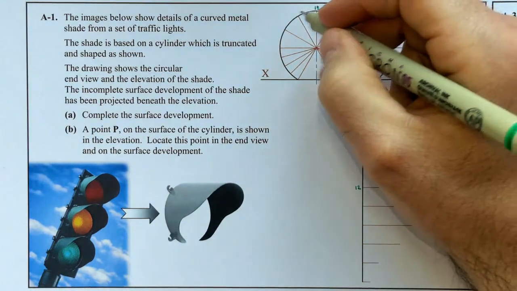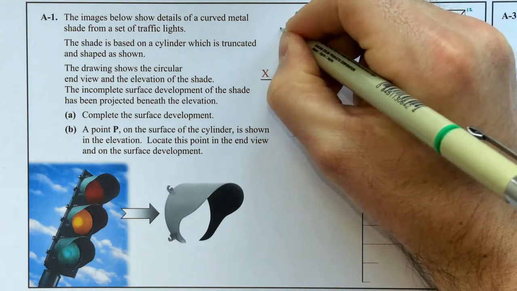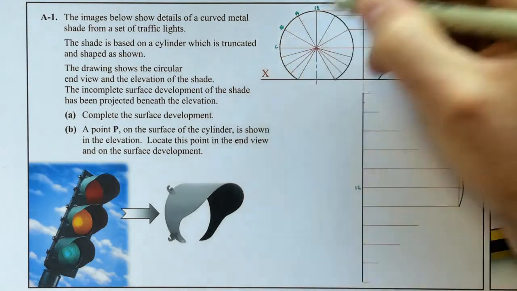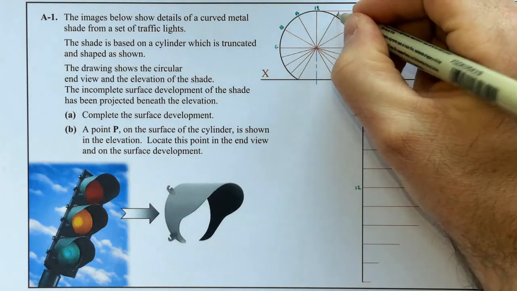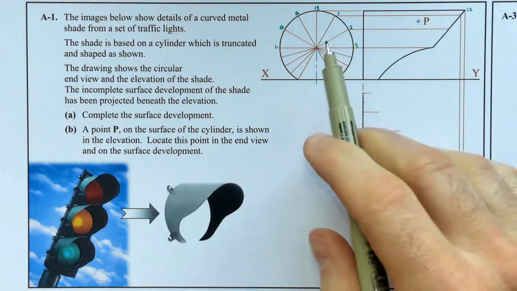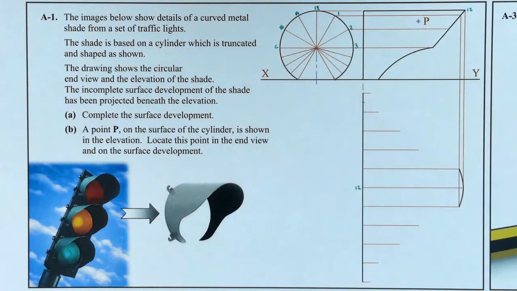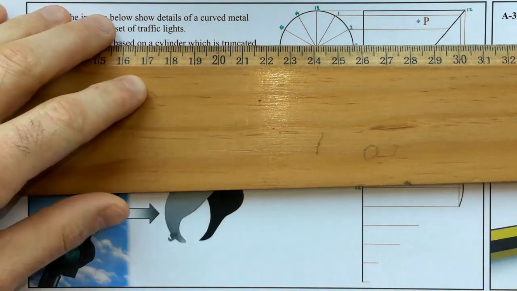Now on the left hand side, I'm going to go with letters. So I'll start with A, B and C, and I'm just going to go down that far for now. And on this side I'm going to go with numbers 1, 2, 3.